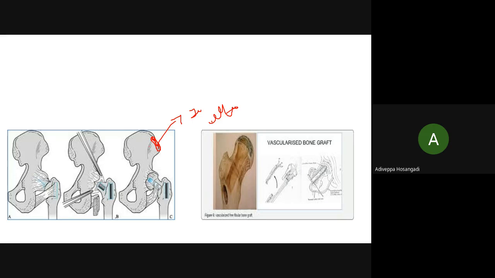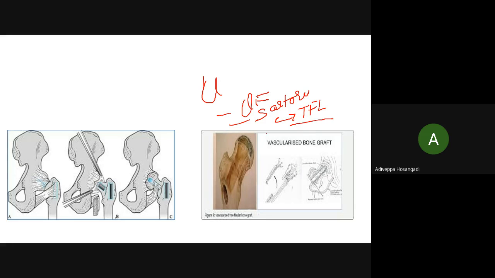So the options: one is Meyer's muscle pedicle graft with quadratus femoris. Second is sartorius. Third is tensor fascia lata. Just remember the anatomy. You can take the adjacent muscle with the bone.